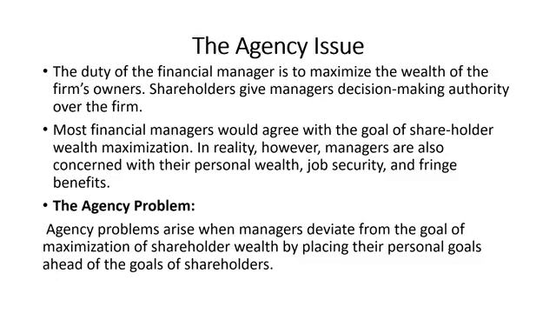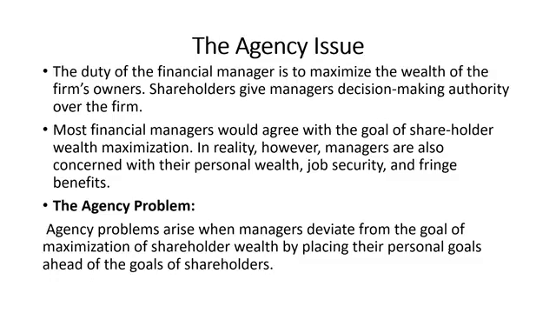Shareholders give managers decision-making authority over the firm. So most financial managers would agree with the goal of shareholder wealth maximization. In reality, however, managers are also concerned with their personal wealth, job security, and benefits.